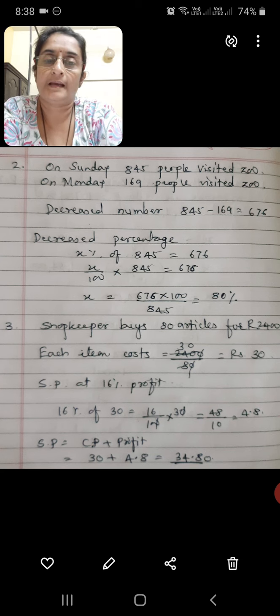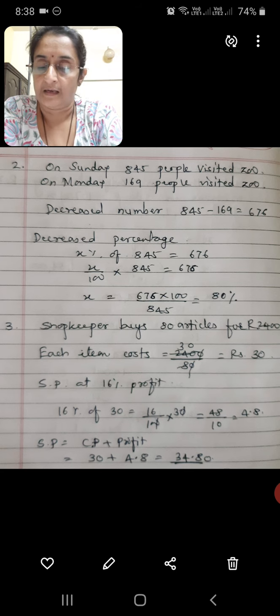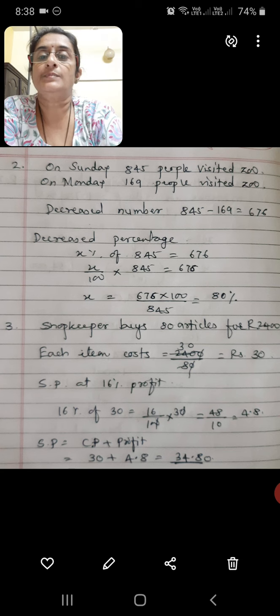Now we'll see how much is the decreased number. From 845, if you subtract 169, you will get 676. So the decreased number is 676. Now we have to find out the decrease percent, how many people percent-wise it has decreased. We don't know the percent, so x percent of 845.